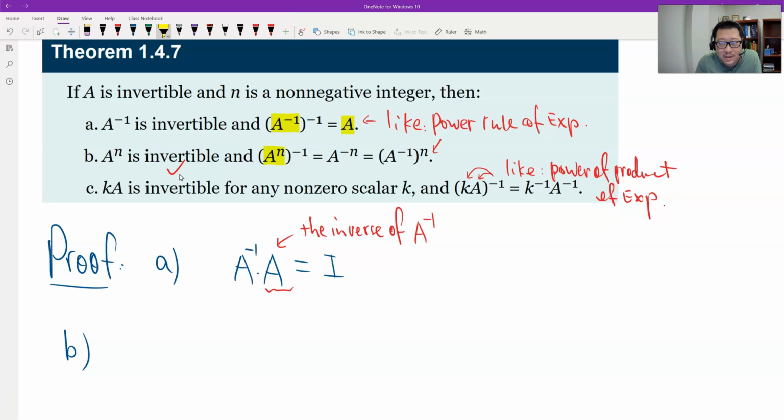Finally, the inverse of A raised to the nth power. A raised to the negative nth power is, by definition, the inverse of A raised to the nth power.